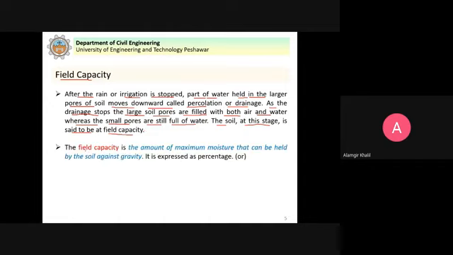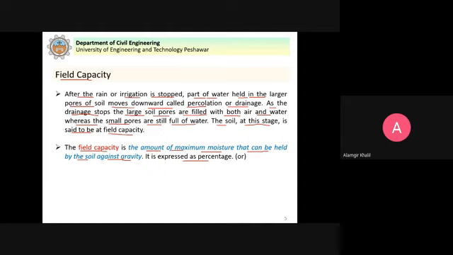So what is field capacity? The field capacity is the amount of maximum moisture that can be held by the soil against gravity. It is generally expressed as a percentage.